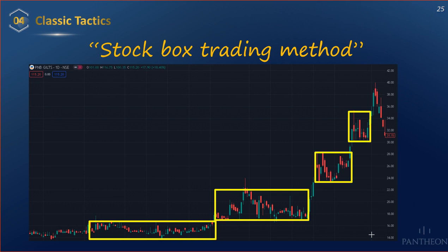Whether in an upward trend or a downward trend, a trend is formed by countless box patterns, which validates the feasibility of the stock box method. I have only provided an example of an upward box here, and we will not discuss the downward box.